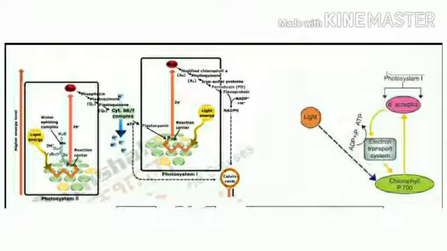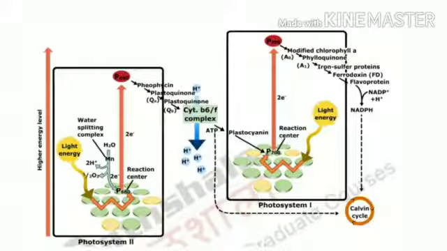The process of production of ATP and NADPH is known as photophosphorylation. There are two types of photophosphorylation, cyclic and non-cyclic. So, we can discuss non-cyclic photophosphorylation. In this figure, we can see the light absorbed by accessory pigments of PS2 and transferred into chlorophyll A 680 nanometer.